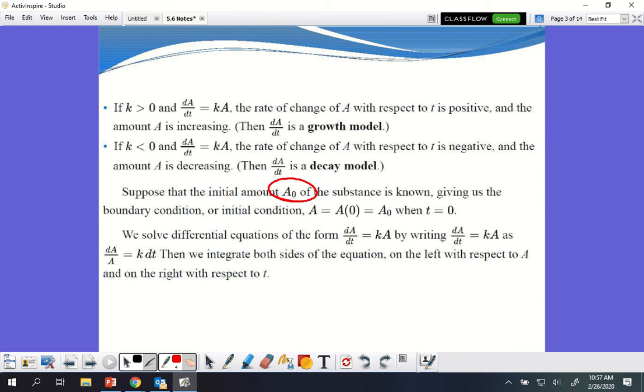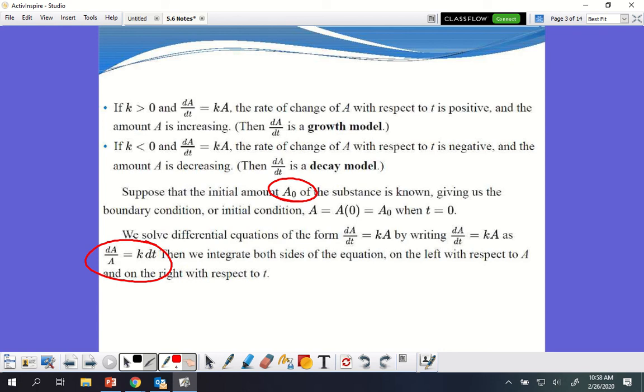We solve the differential equation dA/dt equals kA by writing it as dA/A equals k dt. Now, if it's written like this, then we integrate both sides of the equation. For a differential equation, we're going to integrate.